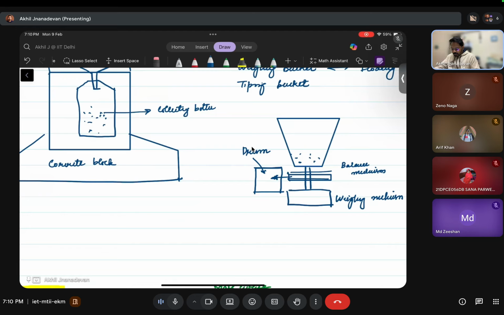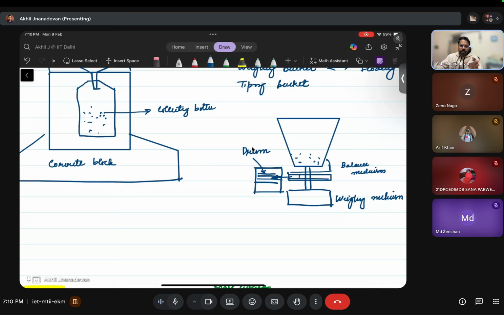Basically, whenever the weight changes, this balance mechanism will transfer the change in weight values to the pen. There is a drum that keeps revolving, which has a paper chart over it, and when the pen moves with the balancing mechanism, the rainfall values are automatically recorded on this drum.